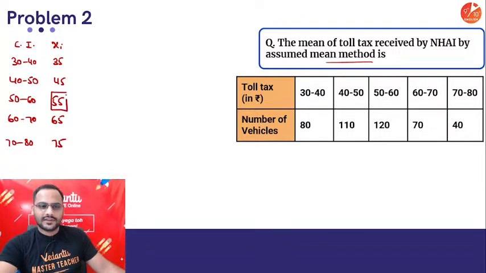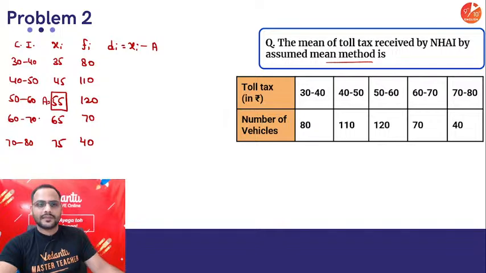Let's say, guys, I will take this as my assumed mean. Frequency is given to you: 80, 110, 120, 70 and 40. Now we'll be finding di, which is xi minus A. A is 55. 35 minus 55 will be minus 20, then minus 10, 0, 10 and 20.